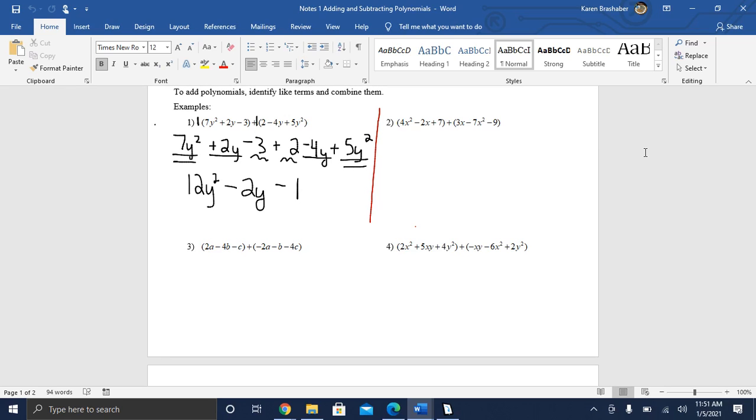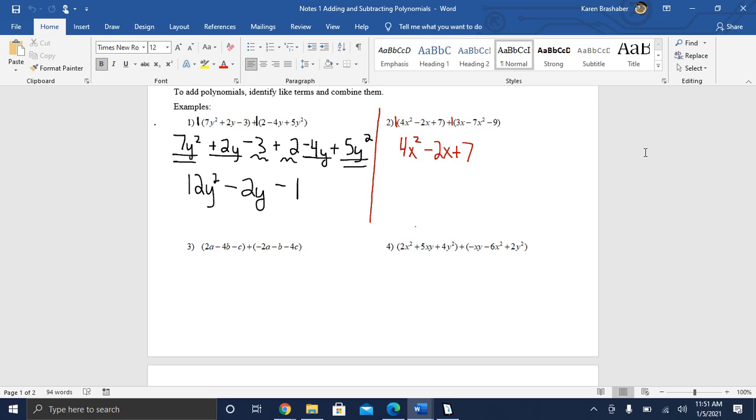So thinking of distributing a 1, I could remove my parentheses, 4x to the second minus 2x plus 7, and then distributing a 1 again. Now, as I do this, another way that you can organize is to line up the like terms vertically.